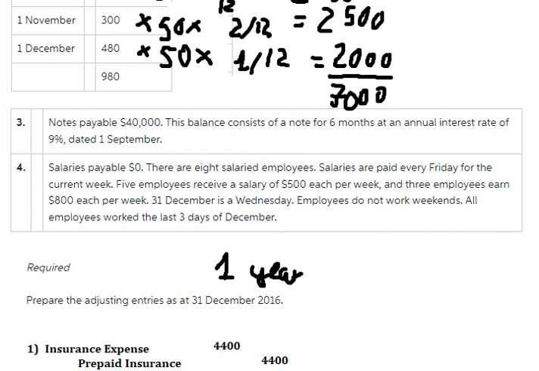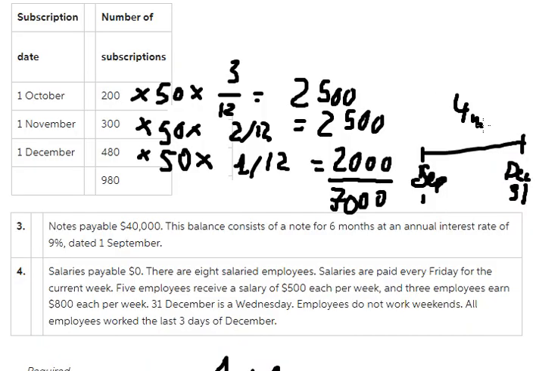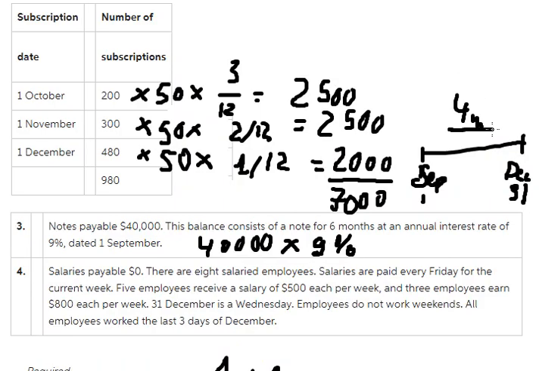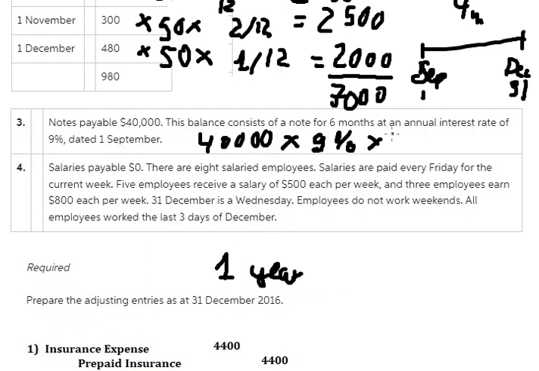So we need to know that from 1st September to December, that is about 4 months. In this case, we have 40,000. We multiply by 9%, the interest rate for 1 year. But we have only finished 4 months, so that is 4 divided by 12. So we calculate this one, and you got about 1,200.